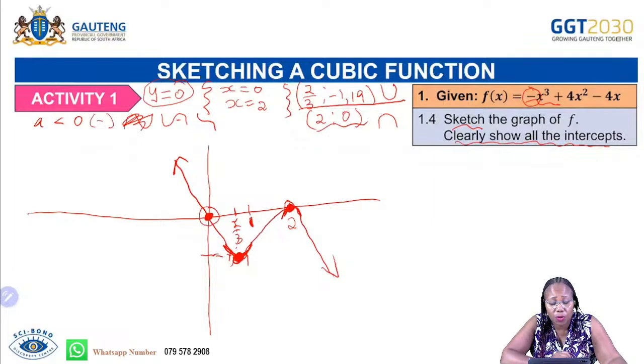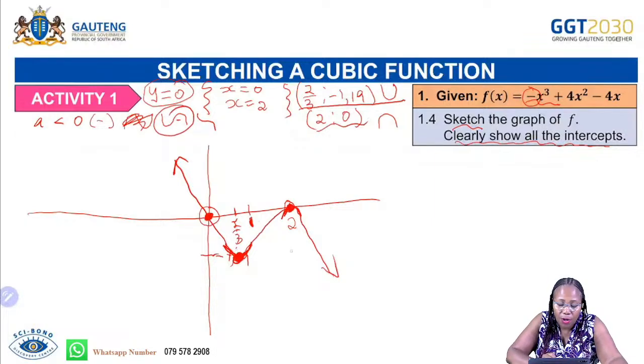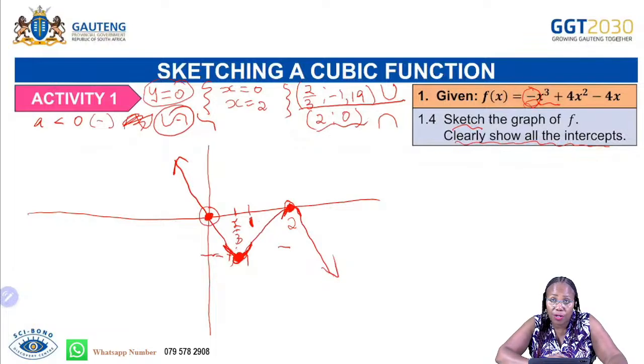So this will be your cubic function. Check the shape, is it correct? Yes, because now you end up having the negative shape on your graph since a is negative, less than 0. So this is the sketch expected from you, graders.